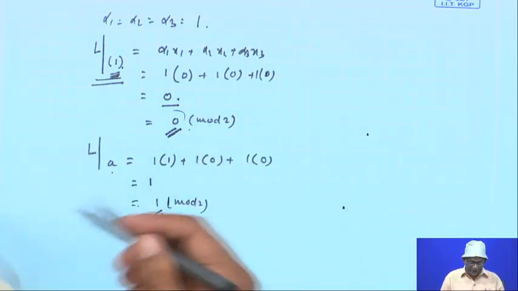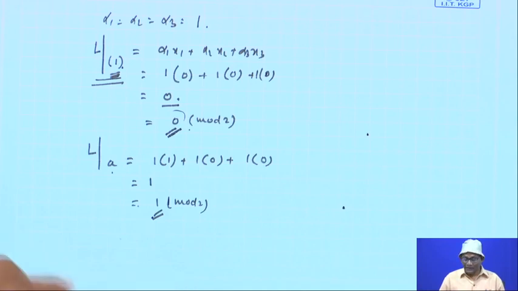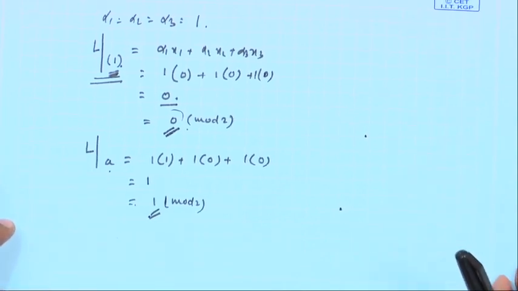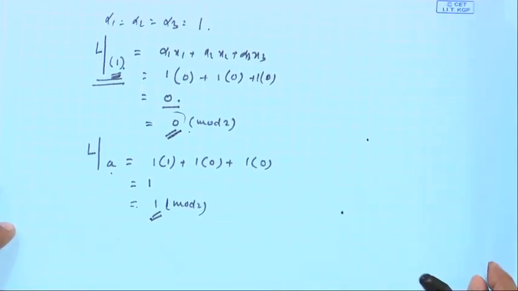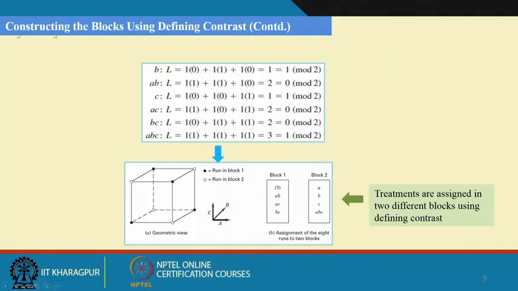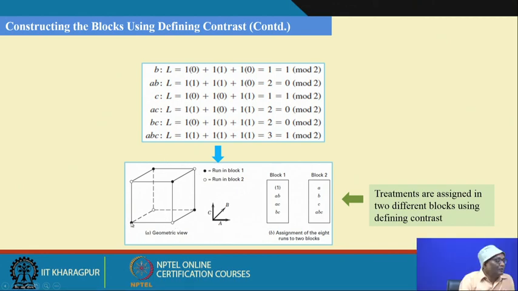In this way you are defining the treatment combinations for two different blocks. That is what we have discussed so far. Geometrically, you see that 1, then this one is AC, this one is AB and this one is BC. These are all run in block 1, and the others run in block 2.